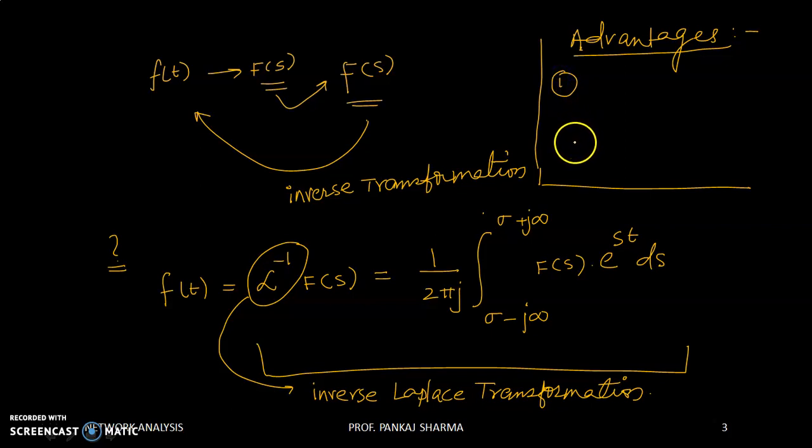The first point is that the transform converts the time domain integral differential equation into an algebraic equation. That is, it converts f(t) into F(s). The time domain system has d by dt forms and integrals, that is called integral differential.